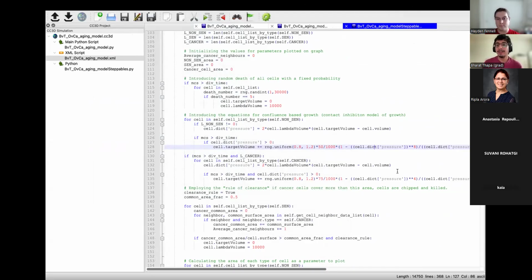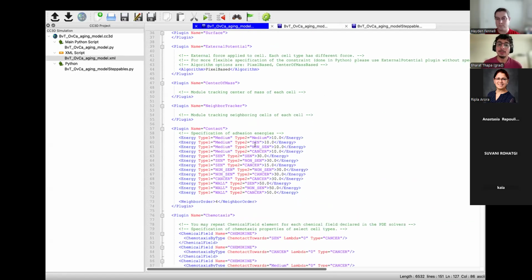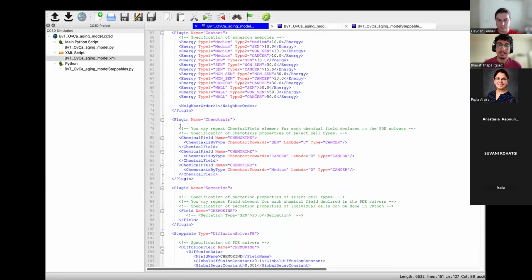You tweak around with the parameters a little bit, and you basically decomment the secretion and uptake stepable, and then you go to the chemotaxis plugin, which is already there in XML, and use a force which corresponds to your lambda between senescent and cancer. Try 50, 70, try different values and see what happens.